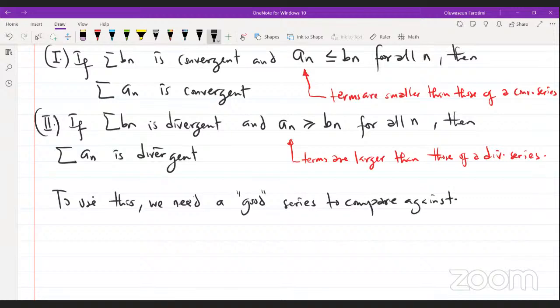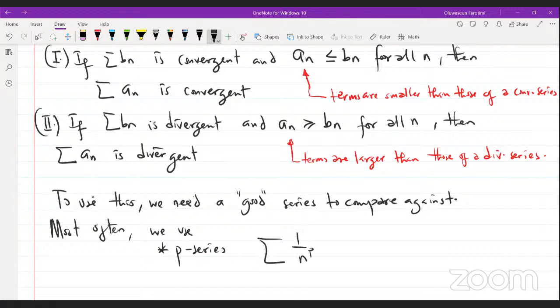As the name says, comparison. Most often we can use the p series. How does this p series look?